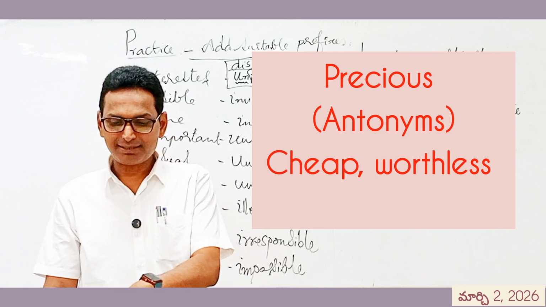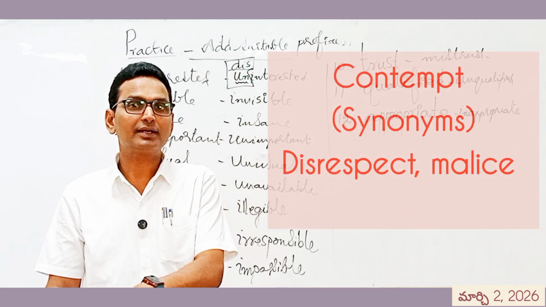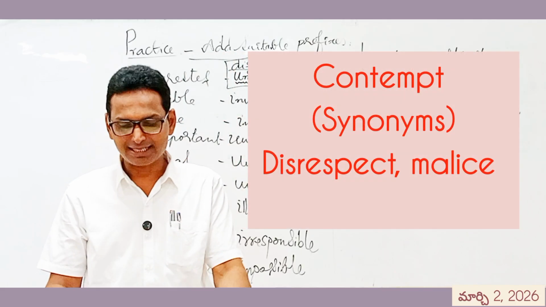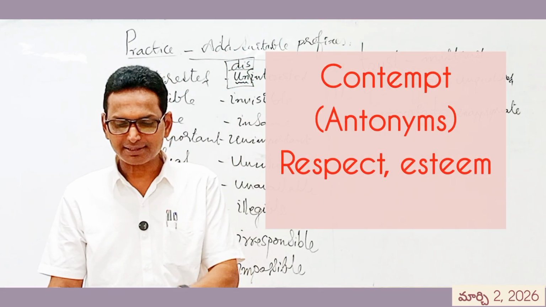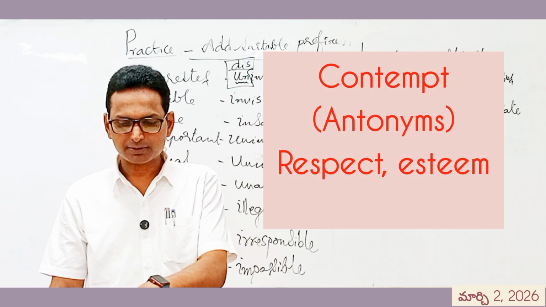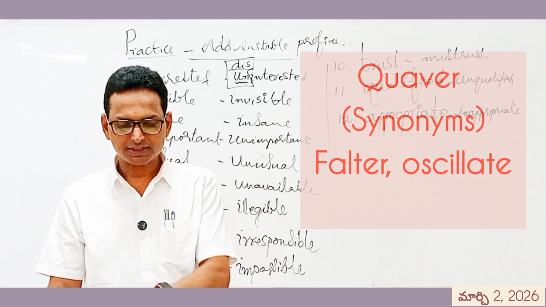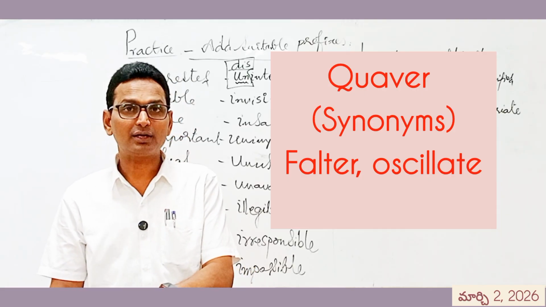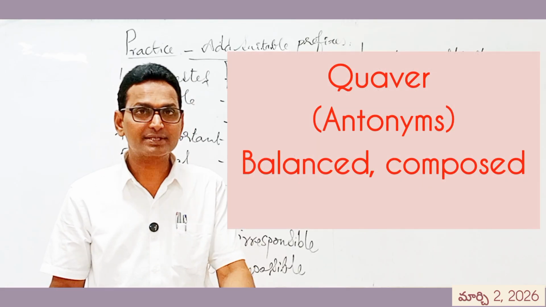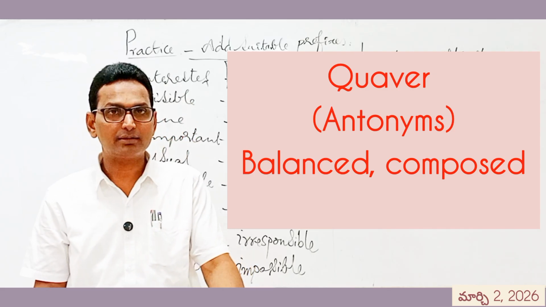Antonyms: cheap, worthless. Contempt. Synonyms: disrespect, malice. Antonyms: respect, esteem. Quaver. Synonyms: falter, oscillate. Antonyms: balanced, composed.